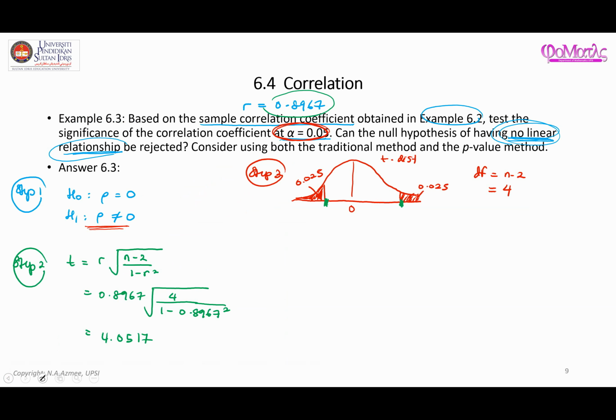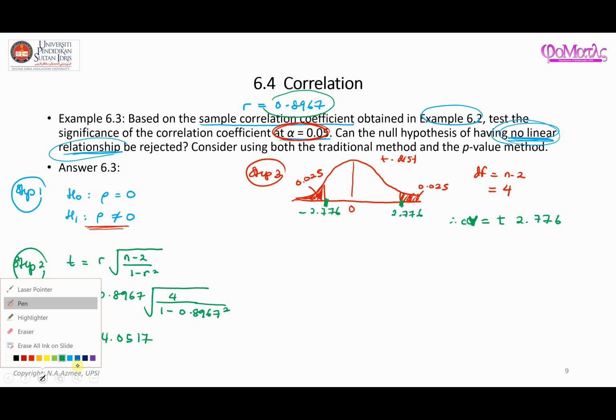This one here is going to be negative 2.776, because they have the same value, just different signs. Therefore, the critical values are plus minus 2.776.